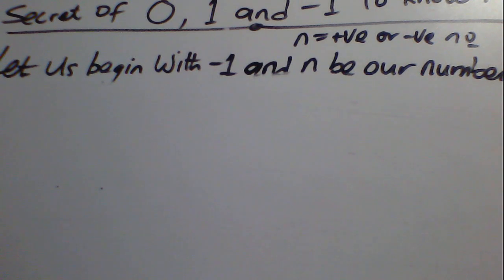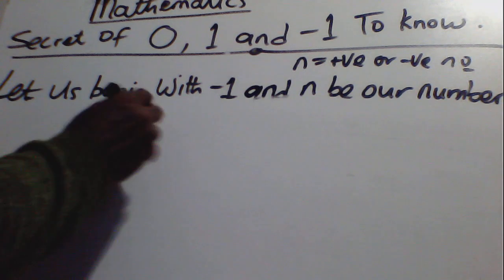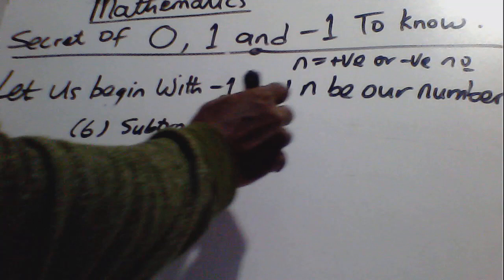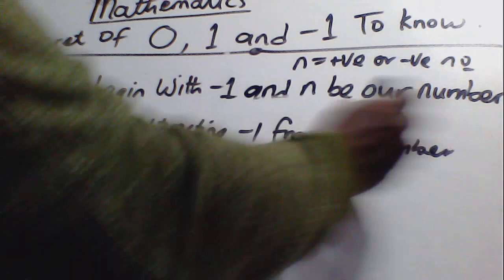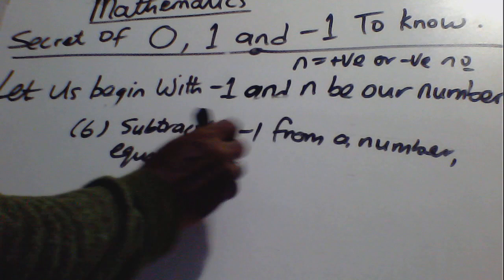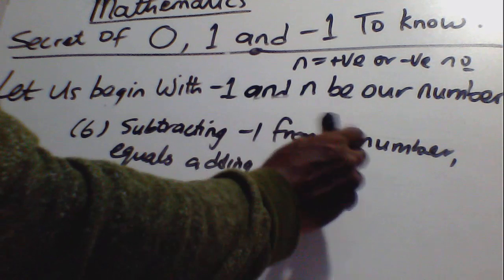Subtracting minus 1 from a number is equal to what? Adding 1 to the number. So let's put it down. Subtracting minus 1 from a number equals adding 1 to the number.